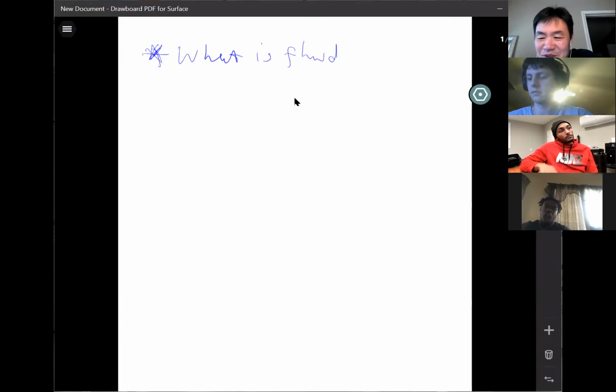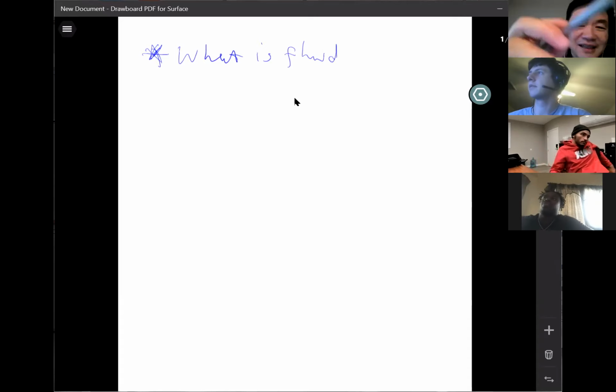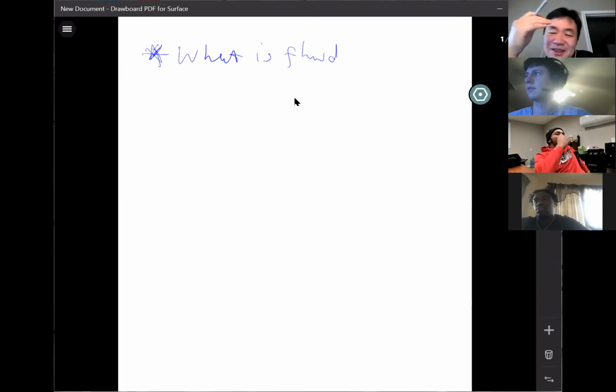I already showed you a lot of pictures of what fluid looks like, but how do you define it? A fluid is a kind of matter, material, or medium. To me, basically it moves. But you might say, solid moves too. You have a pendulum, a car, it moves. So how to describe it?